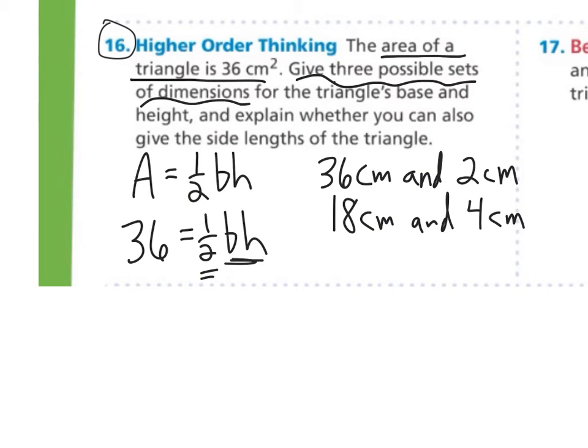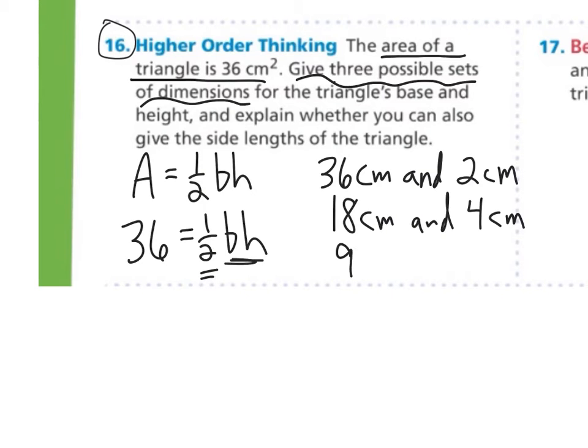Again, if we multiply those together, or just think about half of 18 is 9, and then 9 times 4 is 36. Or 18 times 4 is 72, and then half of 72 is 36. Ultimately, that's what we're after, is getting the base times height to be 72, so that when we take half of it, we get 36.